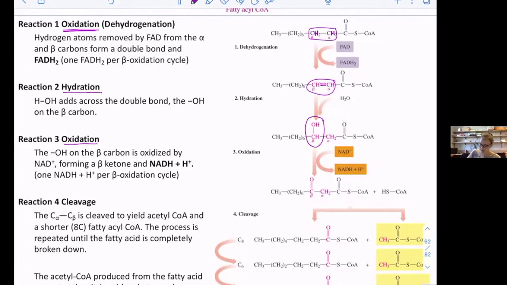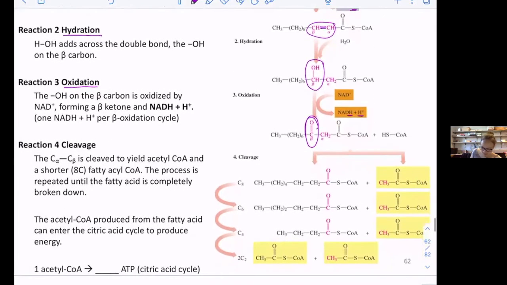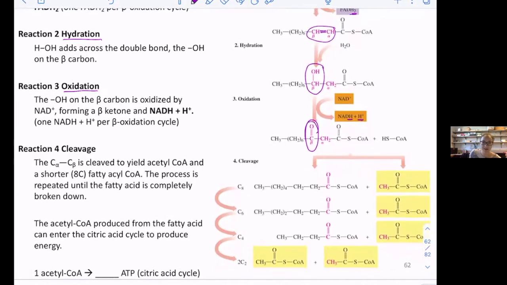So this hydroxyl is now going to be oxidized up to the ketone, alcohol to a ketone. And again, those hydrogens are going to go to that coenzyme. Same deal as we've seen previously. And step number 4 is called cleavage.